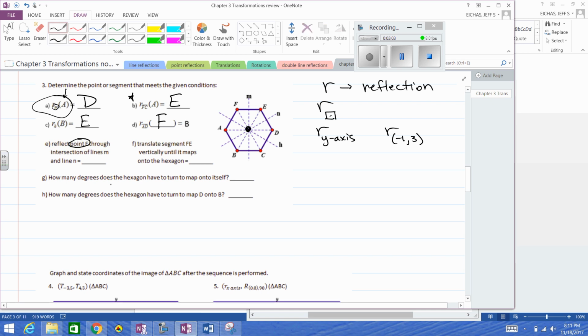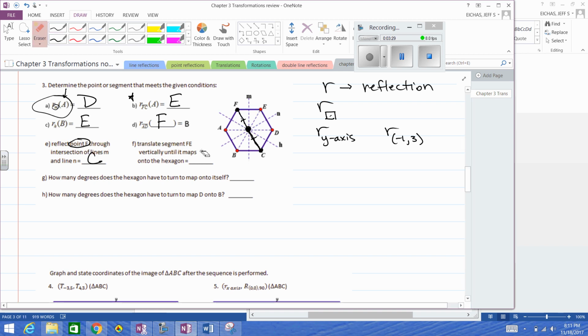Now we gotta reflect point F through that point. So when we reflect through a point, it goes straight through the point to the other side, same distance away. So that's basically all we're doing there. So that's point C. Okay?